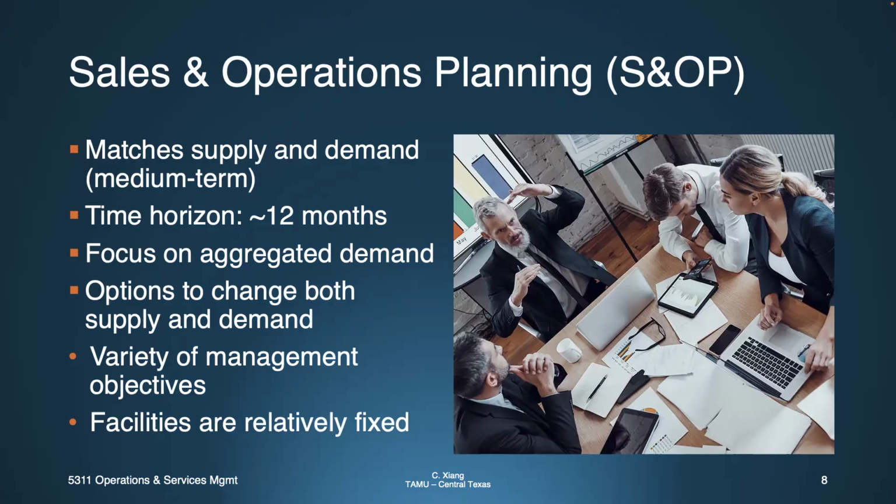If demand is too high or too uneven, we may try to shift or manage it. This process involves multiple functions within the organization, including marketing, finance, operations, and human resources. Each function has its own priorities. So the purpose of this S&OP process is to bring them together and reach a consensus plan that supports the company's overall goals and business strategies.